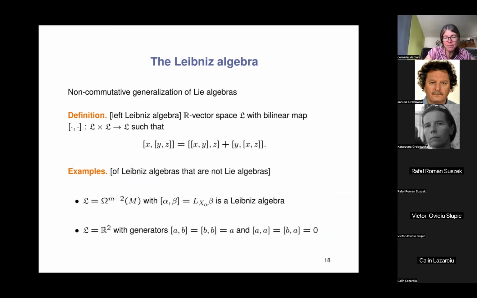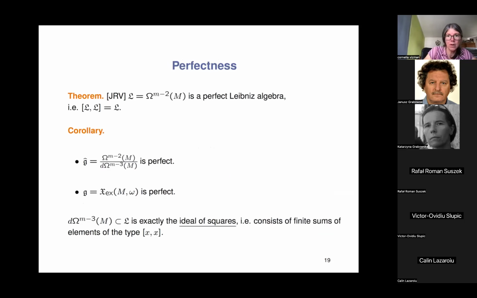And we also show that the ideal of squares is given by the exact m-2 forms. And we show it is a perfect Leibniz algebra, so the same definition works also in the Leibniz setting. By the way, there is also the analog of Chevalley-Eilenberg homology.